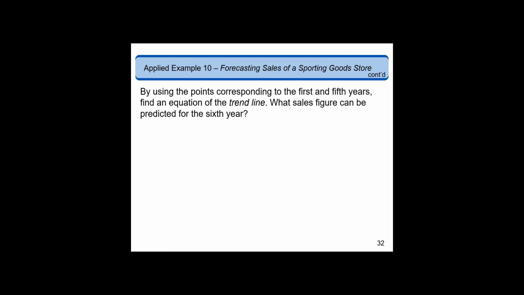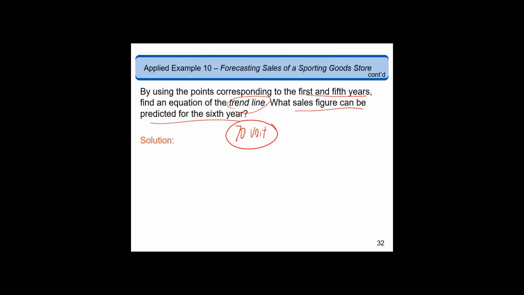So based on the points corresponding to the years and the equation of the trend line, we find that the sales figure will be 70 units at year 6.